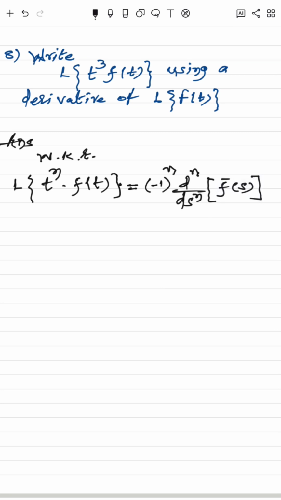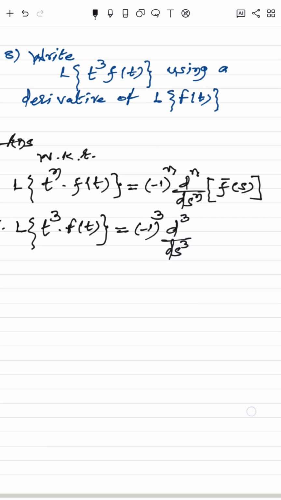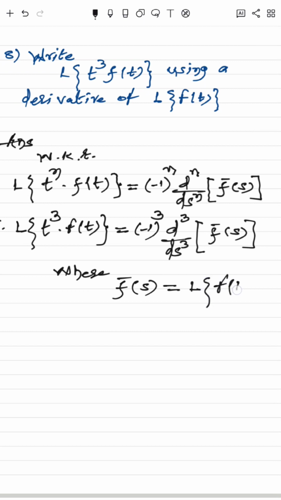F bar of s is nothing but Laplace of f of t. Therefore, applying this theorem, Laplace transform of t cube, here n is 3, into f of t is equal to minus 1 raised to 3 and third order derivative of f bar of s, where f bar of s is nothing but Laplace transform of f of t. That is the required answer.